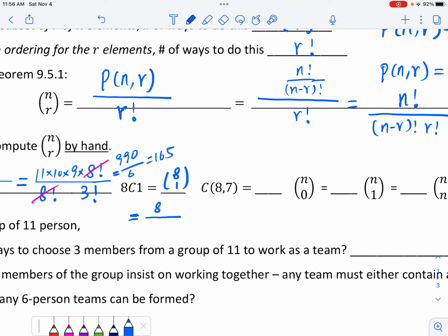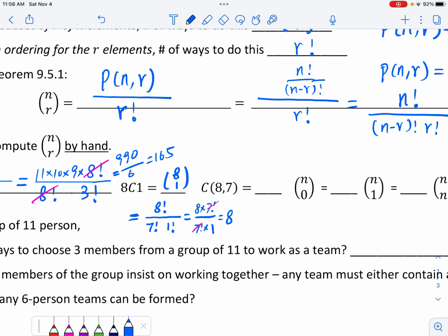So it's going to be 8 factorial over 8 minus 1, which is 7 factorial, on the bottom, and then 1 factorial. And for 8 factorial over 7 factorial, you can rewrite 8 factorial as 8 times 7 factorial, and 7 factorial will be cancelled. So you can see that this is equal to 8.